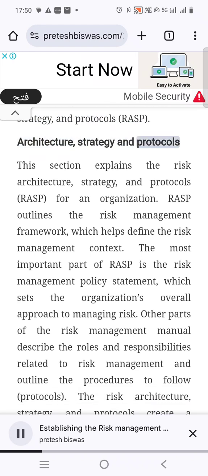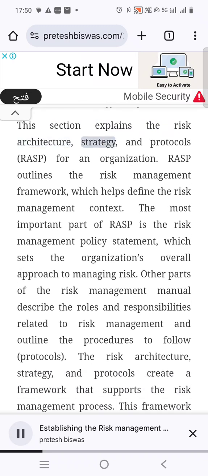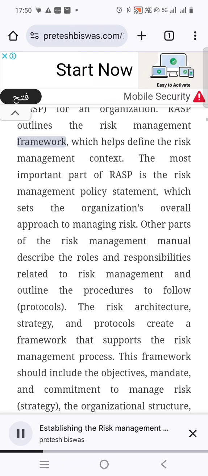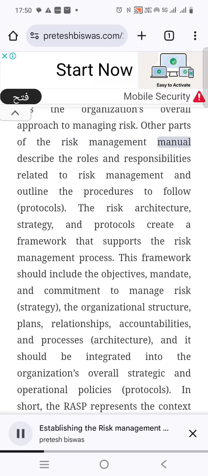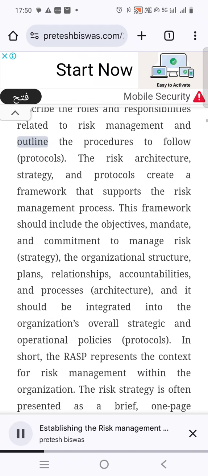Architecture, Strategy, and Protocols. This section explains the risk architecture, strategy, and protocols, RASP, for an organization. RASP outlines the risk management framework, which helps define the risk management context. The most important part of RASP is the risk management policy statement, which sets the organization's overall approach to managing risk. Other parts of the risk management manual describe the roles and responsibilities related to risk management and outline the procedures to follow, protocols.